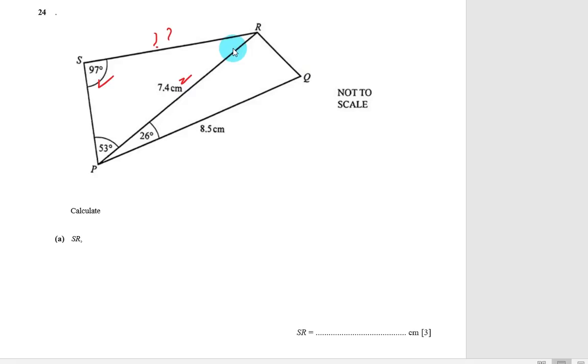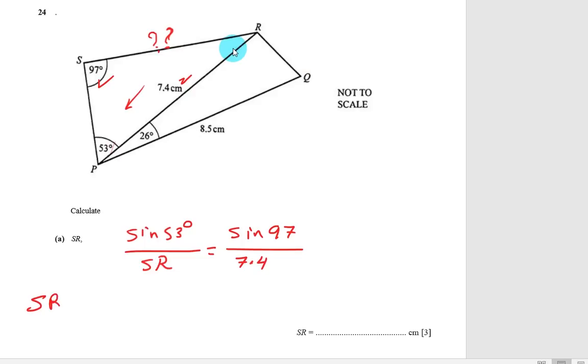This length is the one I need, and I know the opposite angle. So sine rule: sine 53 divided by SR is equal to sine 79 divided by 7.4.